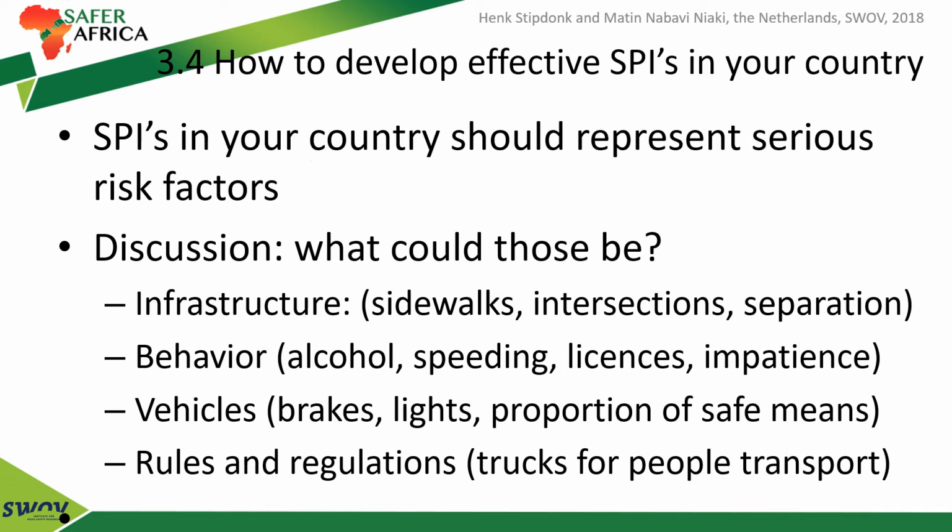Don't think lightly about this property. If 10% of your population uses a car and 70% uses a powered two-wheeler, then 100% seatbelt use is going to save far less than 1% of the road deaths in your country. So take the time, if possible, discuss this subject with others. I suggest you think of 4 to 5 possible SPIs that represent a high risk factor in your country.